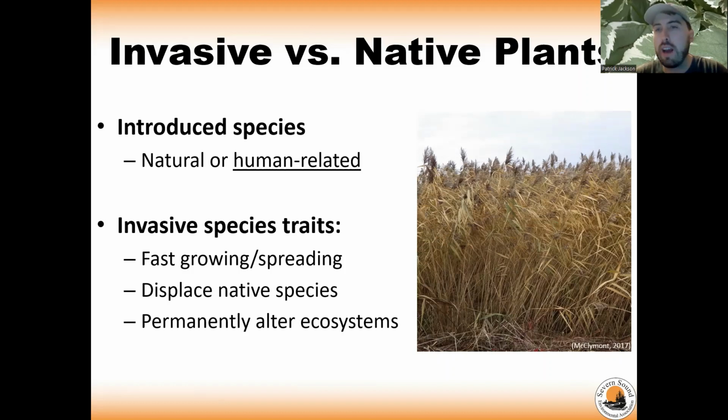And it typically is fast growing, displaces native species, and can permanently alter ecosystems. They can also have significant economic impacts and cultural impacts. So there's species that we really don't want in our watershed. Versus native plants, they're the ones that are beneficial. A lot of things rely on them, and they're meant to be here.